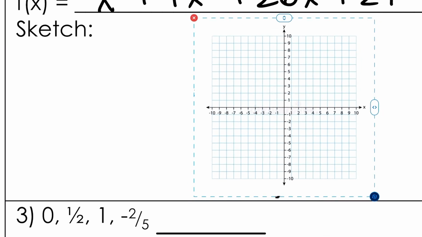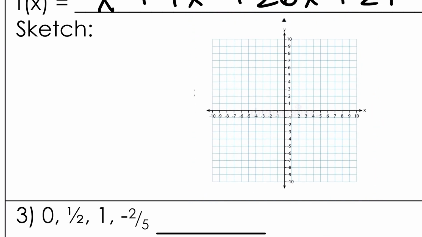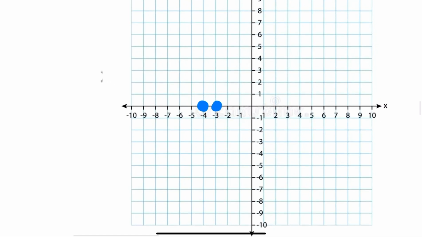All right. So we're plotting the zeros of -4, -3, and -2. Those are the zeros we were given.